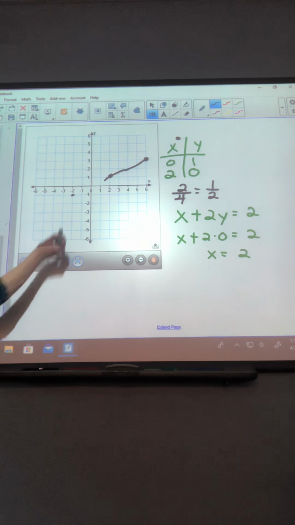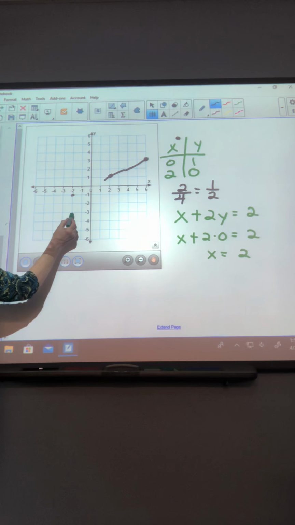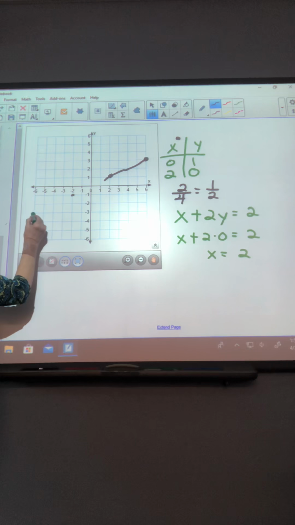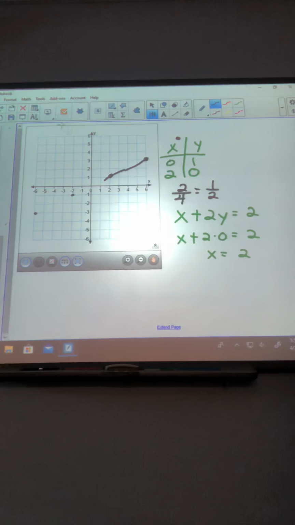Okay, I could find another point from this point. I could fall 2 and go over to the left 4, 1, 2, 3, 4. And so all of those points should be in a pretty straight line. Well, that was a pretty good guess for that one.